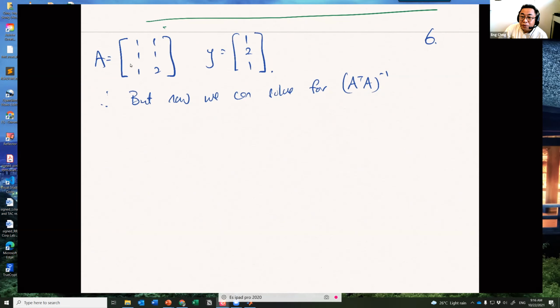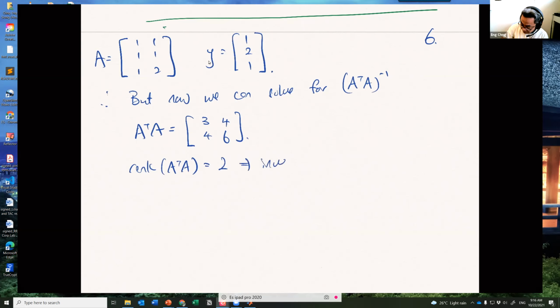Therefore, A transpose A will form a square matrix with rank 2. Right? If you don't believe me, A transpose A, you figure out that it is this value, 3, 4, 4, 6. And the rank of this above guy is 2, implying the inverse exists.